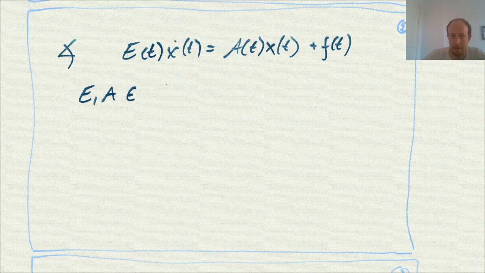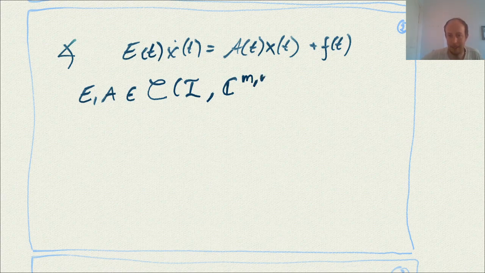So this means we will assume that they are continuous functions defined on this time interval as we had it before, and now they map into, for sake of generality, the field of complex matrices, with rows and columns. So that's now these E and A that define our differential algebraic equation.